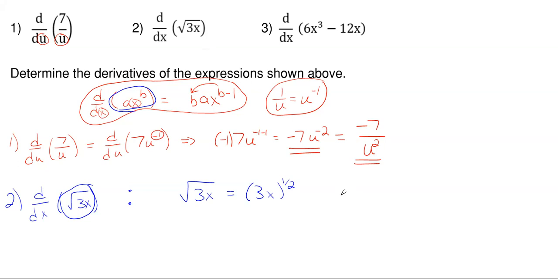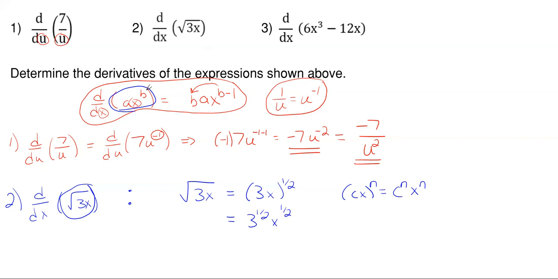We can do this by this rule I'm about to express, where we have a constant c times a variable x, and all that to the power of n. This is equal to that constant to that power times x to that power. So in this case, the c is the 3, x is the x, and the n is the 1/2. So let's go ahead and express it in this term over here. We have 3 to the 1/2 power times x to the 1/2 power.